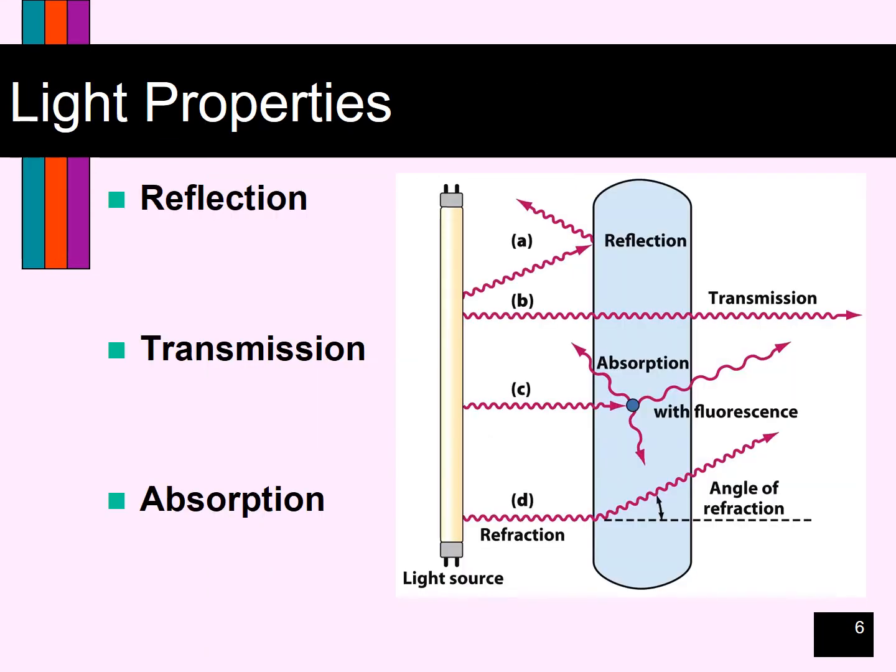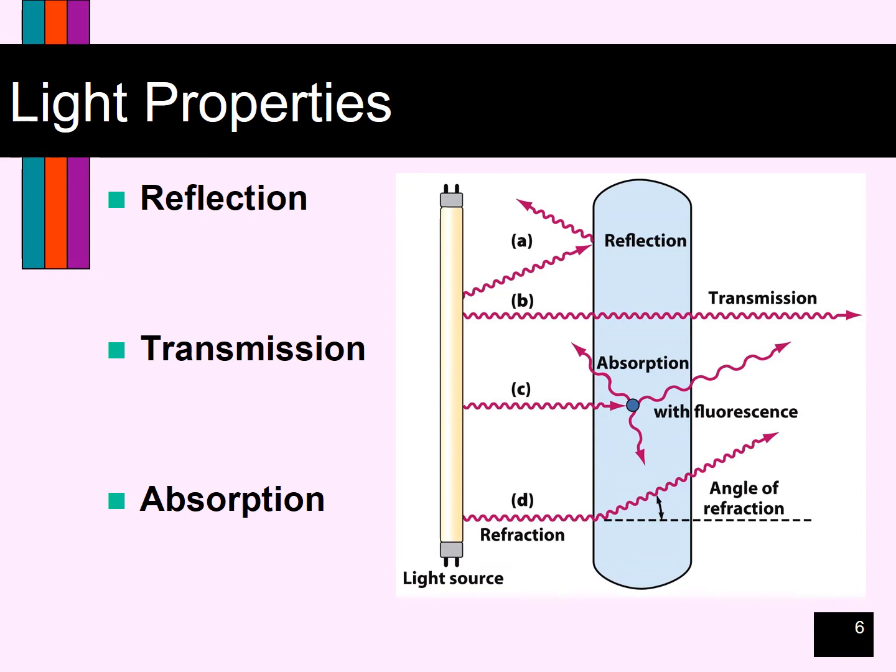Okay, just to mention some light properties. So you can see in the figure reflection. So light could be reflected off the surface of a specimen, or light could be transmitted through a specimen.